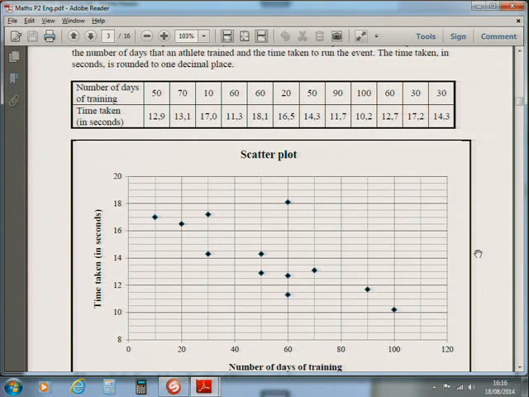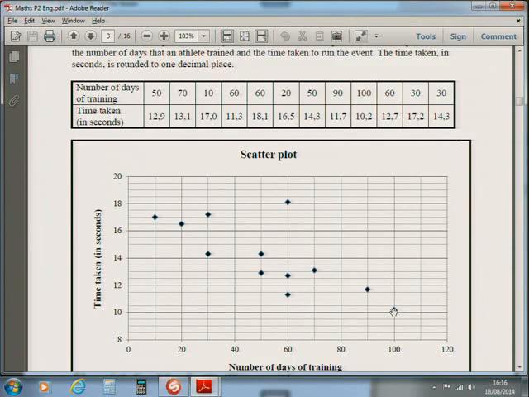Number of days. You see, if an athlete trains, for instance, 10 days, the athlete runs for a very long number of seconds, 17 seconds. But if an athlete trains for 100 days, training seriously, look, the athlete only takes 10.2 seconds.